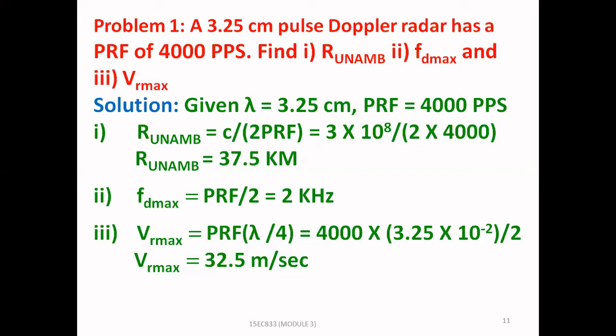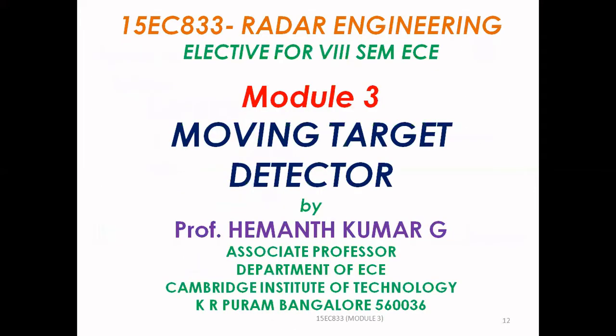Fd max equal to pulse repetition frequency divided by 2 equal to 2 kilohertz. Vr max equal to PRF into lambda by 4 equal to 4000 into 3.25 into 10 power minus 2 divided by 4 equal to 32.5 meters per second.